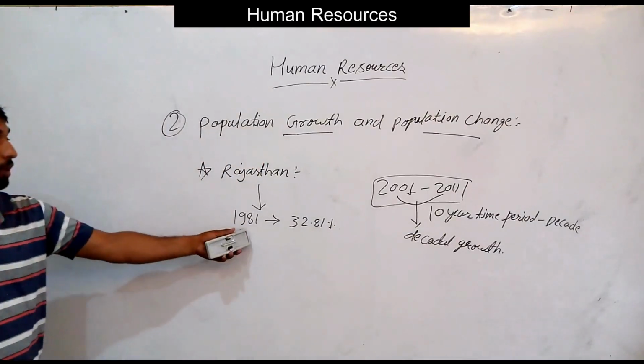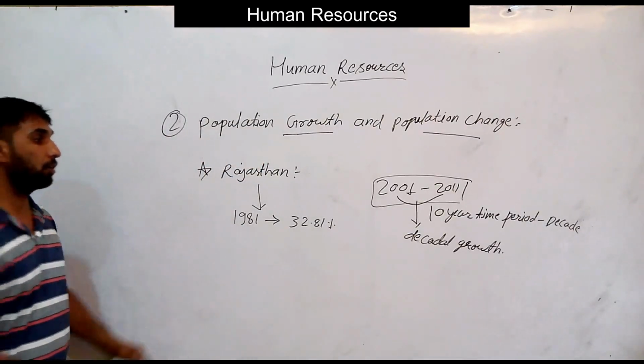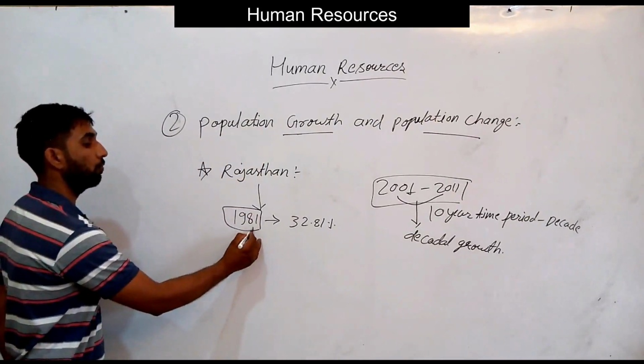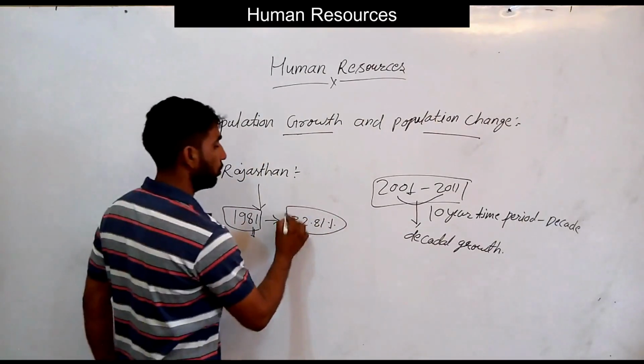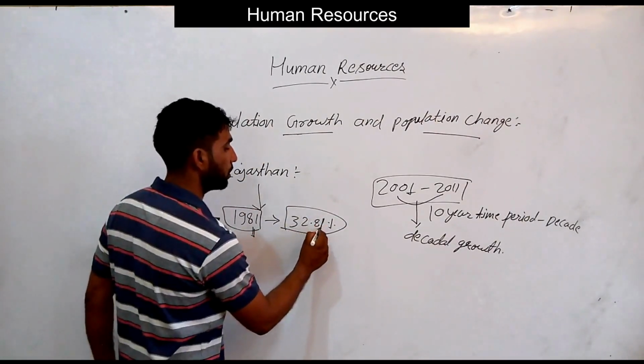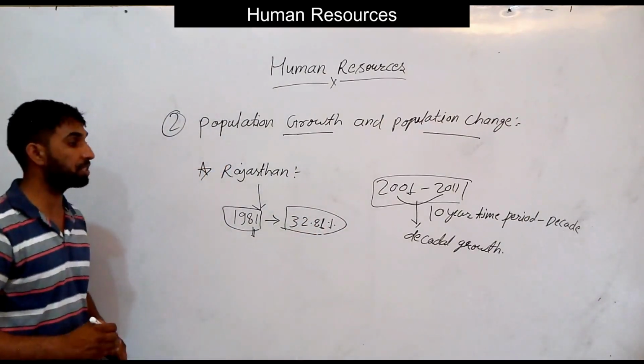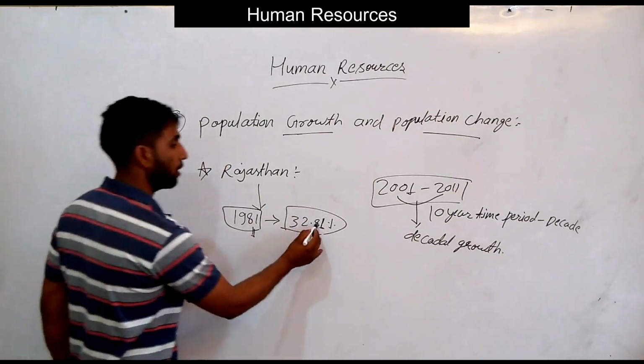So until 1990 the growth rate of Rajasthan was 32.81%.